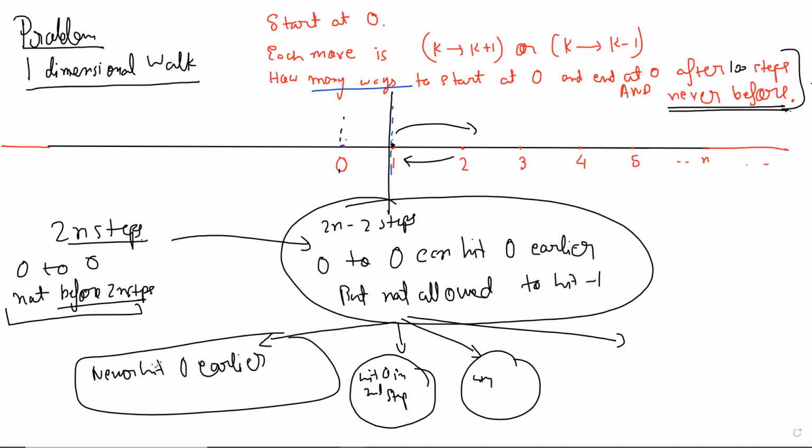But then you see this problem would be like 2n minus 4 steps. Let's say 100 steps, this goes to 98 steps.